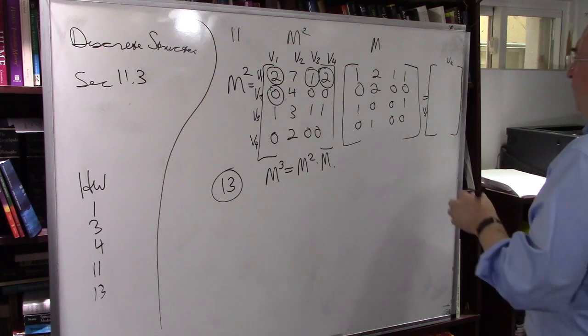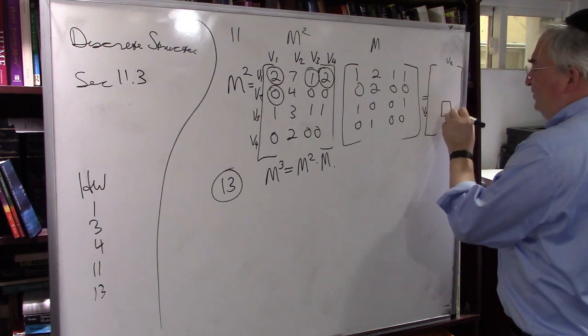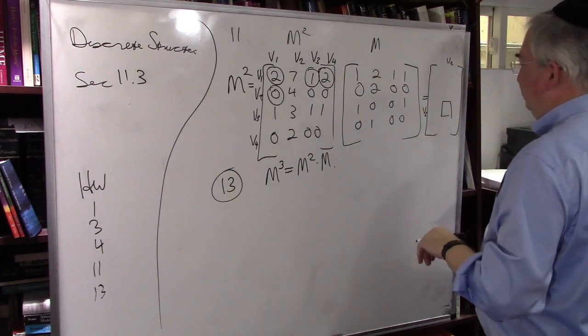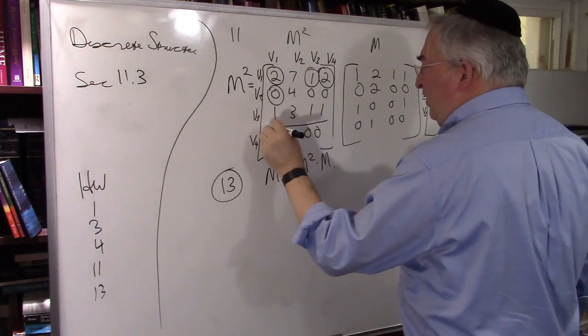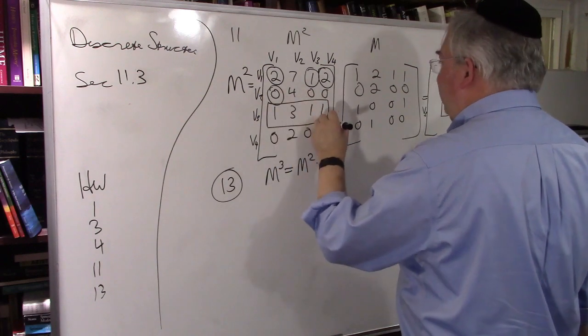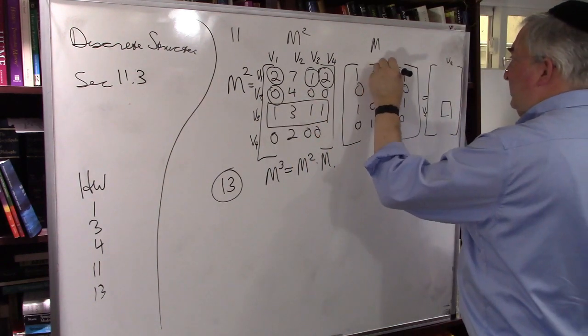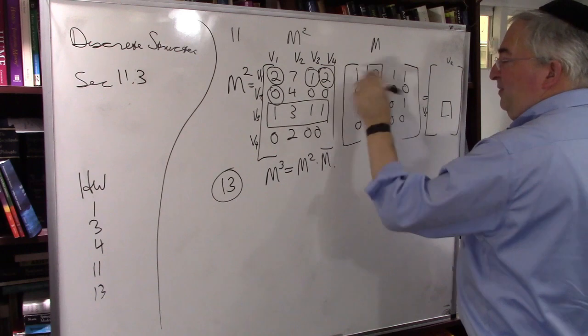So we want this position. I don't have to calculate the whole thing. All I have to do is look at the third row and the second column and multiply them out.